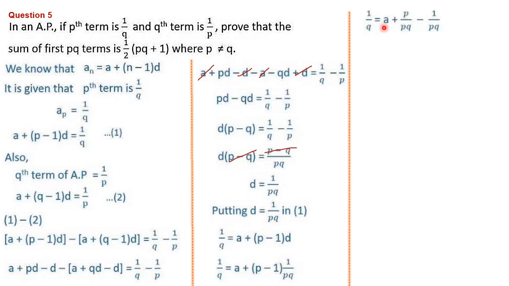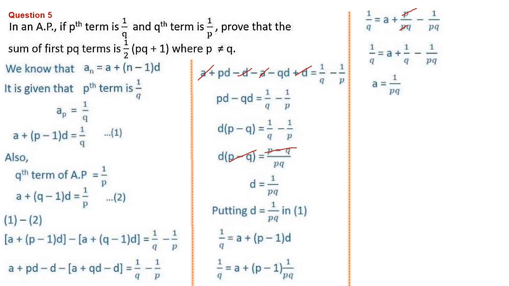Then 1 by q is equal to a plus, multiplying inside the bracket, p into 1, that is p by pq, minus 1 into 1 by pq, that is 1 by pq itself. So 1 by q is equal to a plus, here p and p we can cancel because p is common in both numerator and denominator. So when we cancel, p will be coming as 1 by q.